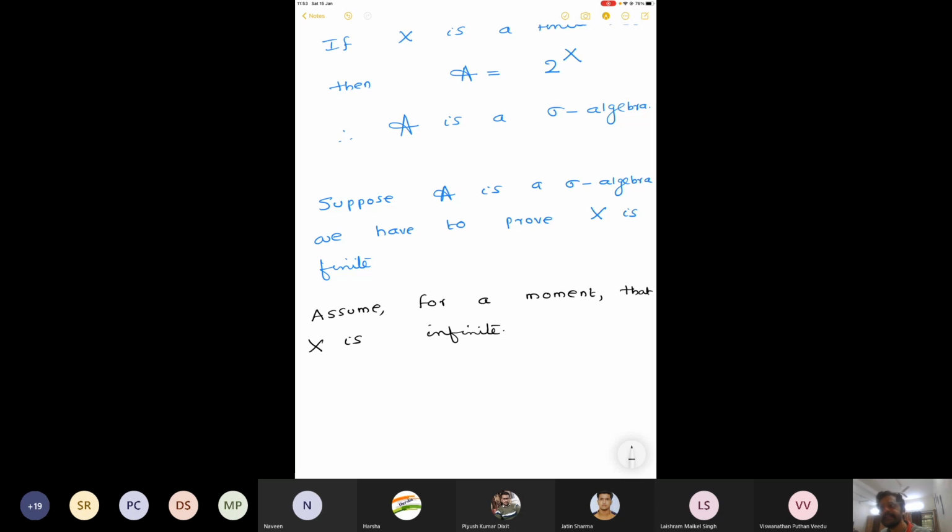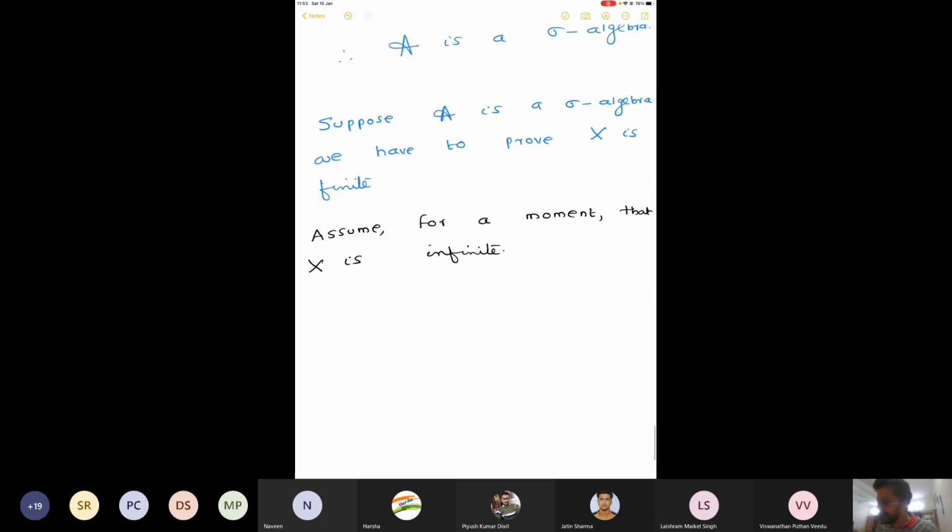If X is an infinite set, can we get an infinite sequence from it, of distinct elements? Yes, sir. If it is countable, X itself will be an infinite set. If X is uncountable, then you can extract a countable subset, which is a sequence. Countable means you can list.